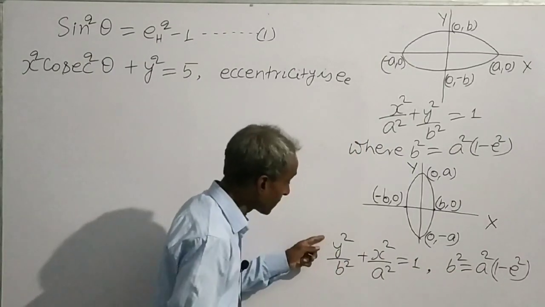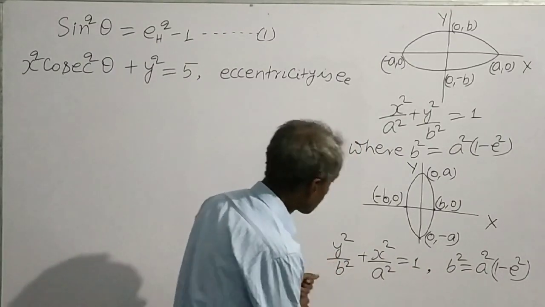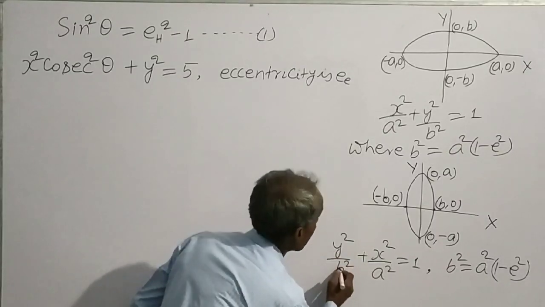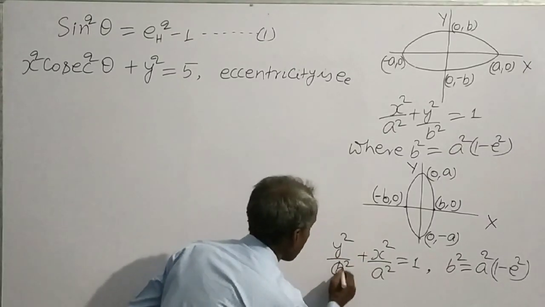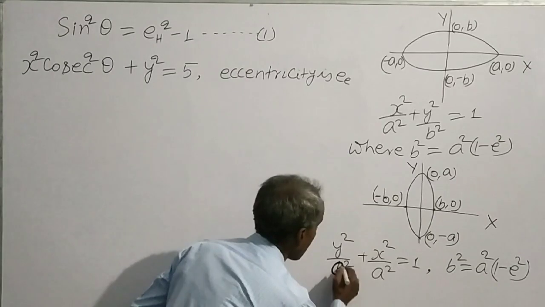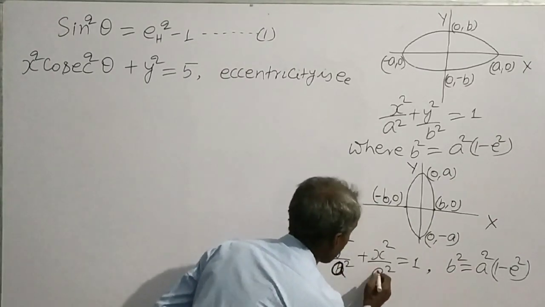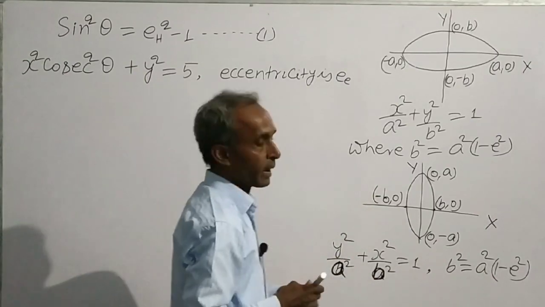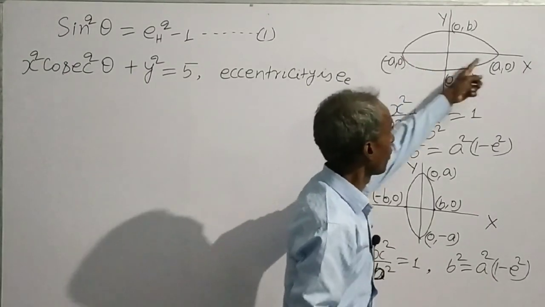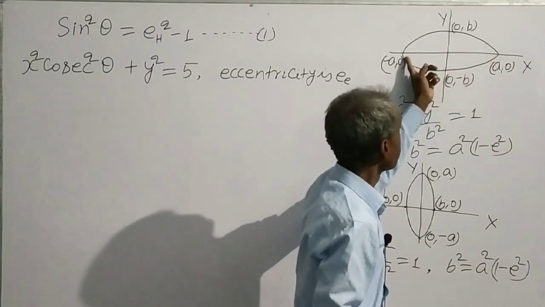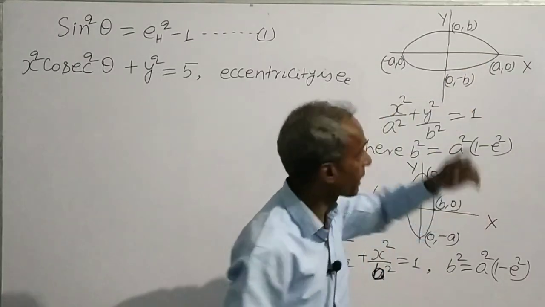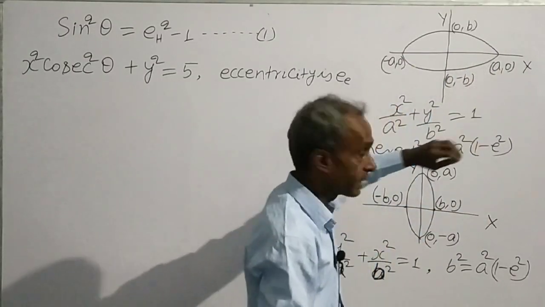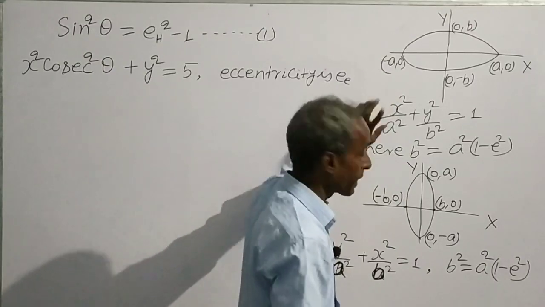Is y square by a square, not b square but a square, plus x square by b square. When major axis, greater axis, is along x-axis, we write x square by a square.